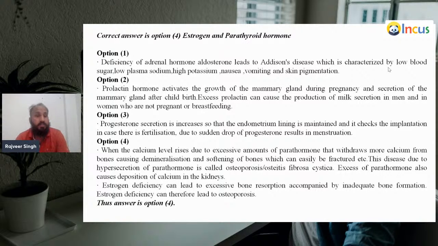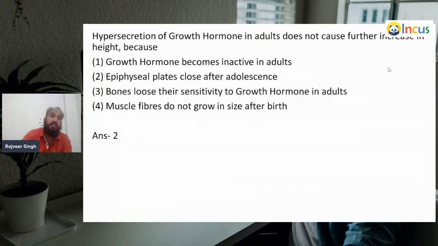Excess parathormone also causes deposition of calcium in the kidney. Estrogen deficiency can lead to excessive bone resorption accompanied by inadequate bone formation. Estrogen deficiency can therefore lead to osteoporosis. The answer will be the fourth.